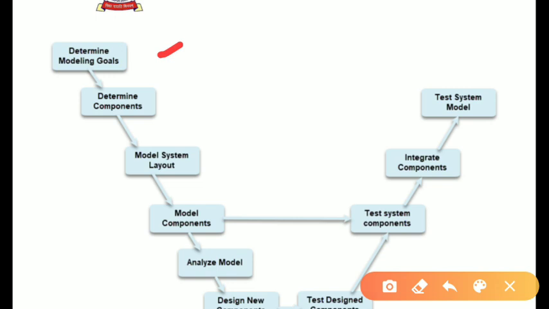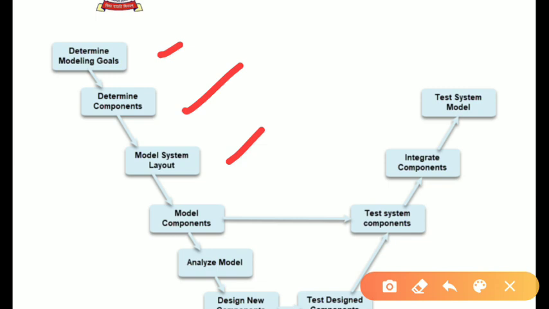What are the needs for system modeling? You have to first find out the system modeling goals. Then determine the components. What are the components required in the system modeling? Then model the system layout. What is the layout of the system?